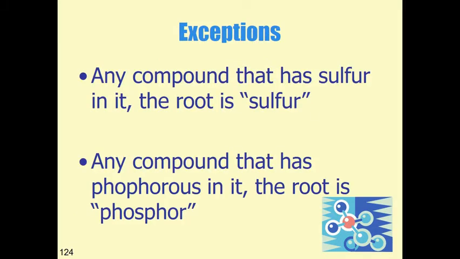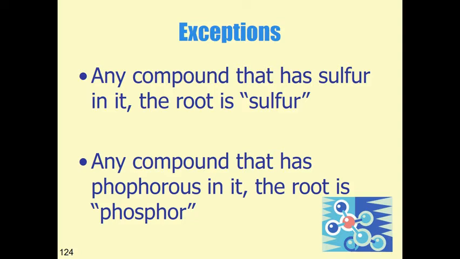Before we get to the next problem, I want to tell you a few exceptions that we have. Any compound that has sulfur in it, whether that's sulfide, sulfite, or sulfate, the root that we will use for the anion is sulfur, the entire word.